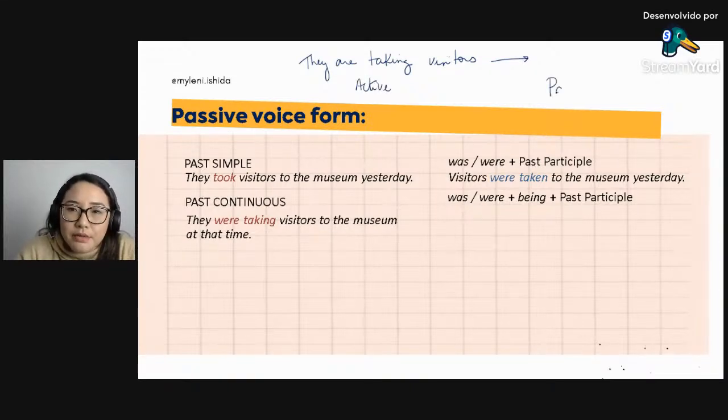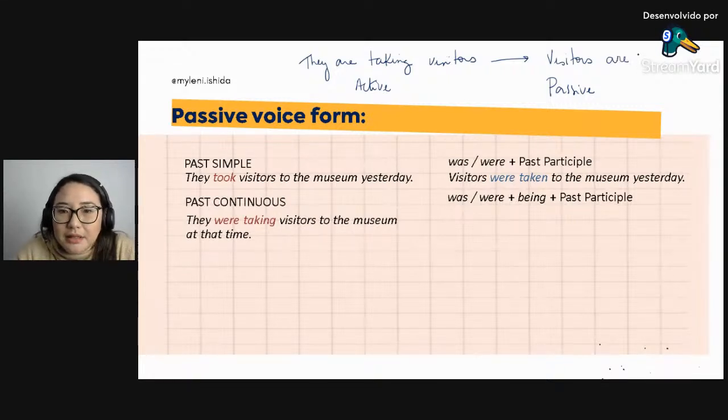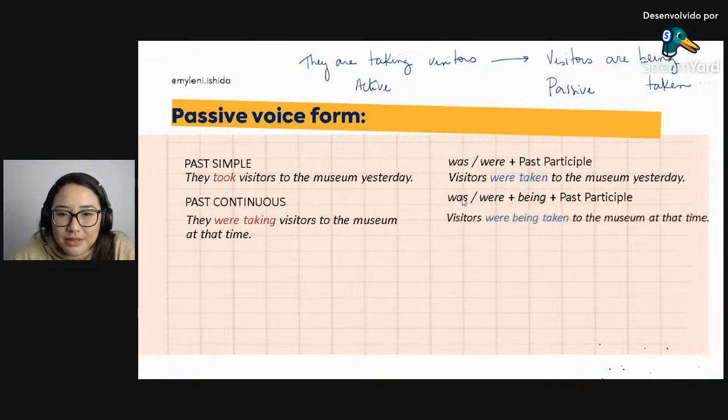The passive is: visitors are being taken. The same with the past continuous. Visitors, so the difference here is that instead of are, I put were being taken. Okay.